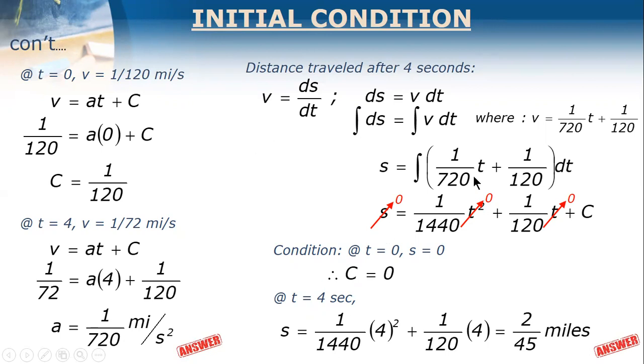Since our unit for v is miles per second, the distance will have the unit of miles. So that is how you're going to solve for the constant of integration. Always remember that for every problem, there must be an initial condition that we can use to solve for the constant of integration.